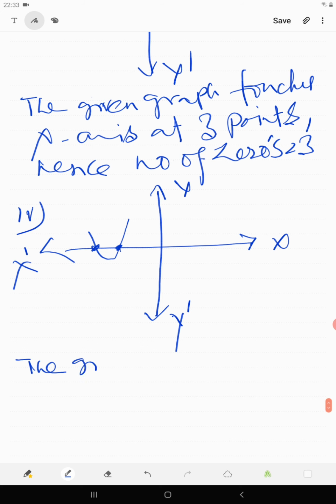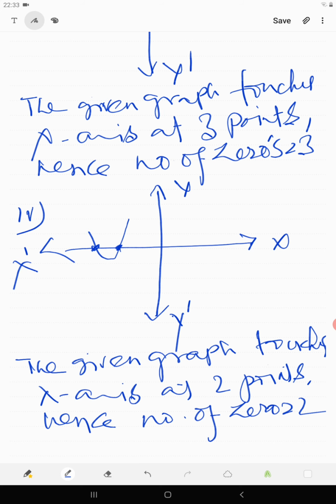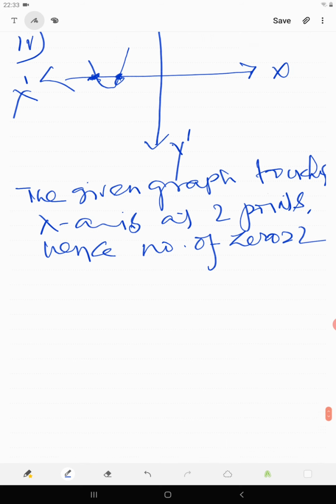The given graph or polynomial, you can say, touches the x-axis at 2 points. Hence, the number of zeros will be 2. Okay, this is very easy. So it is touching the x-axis at 2 points, hence the number of zeros is 2.